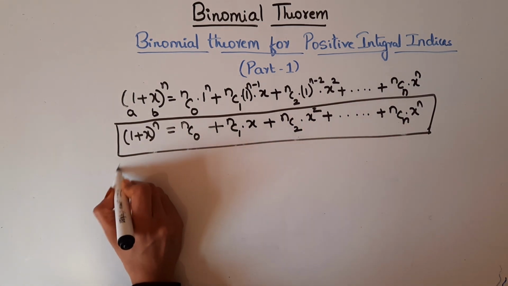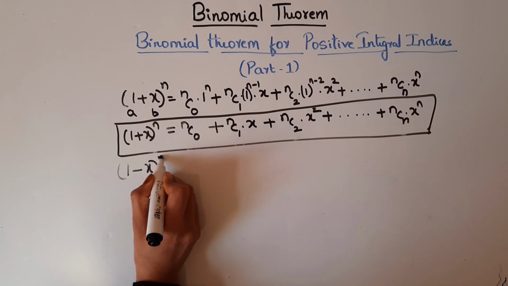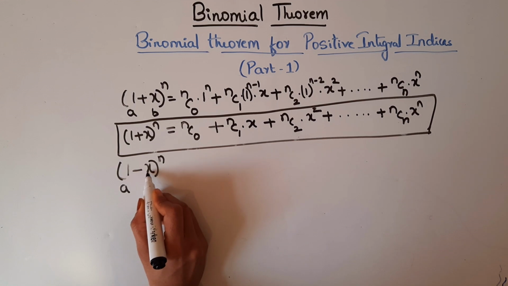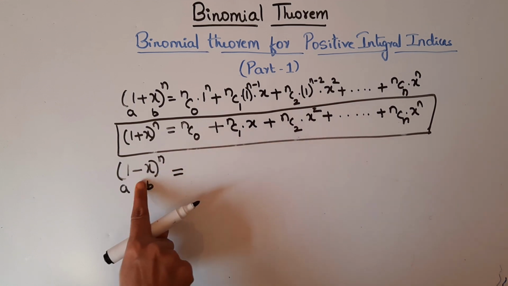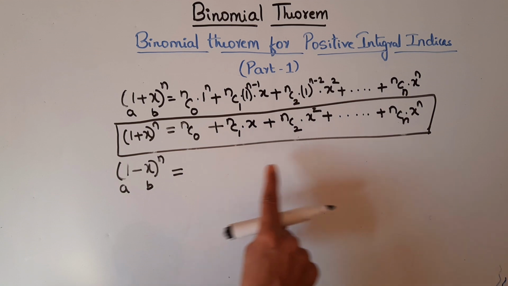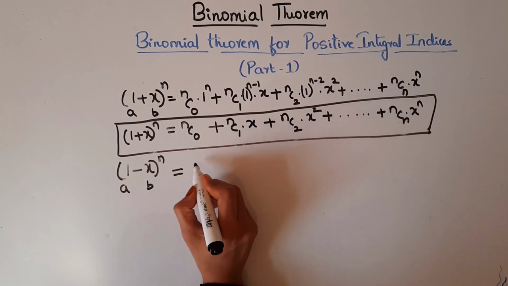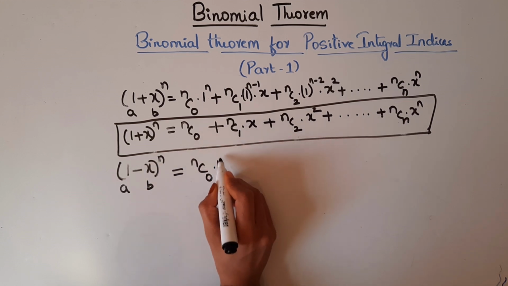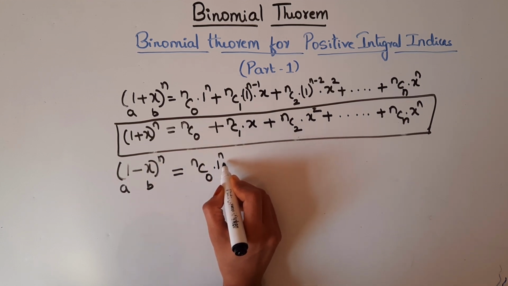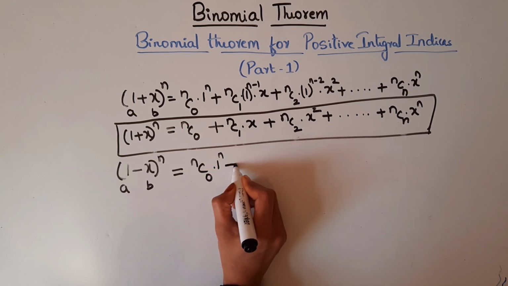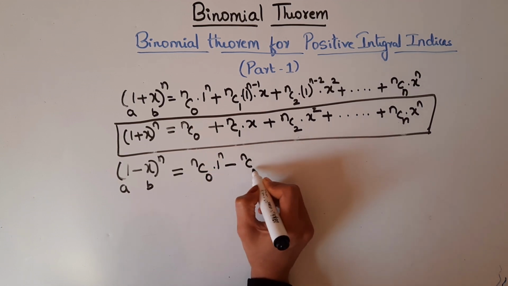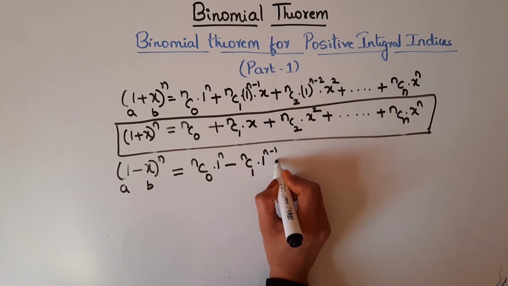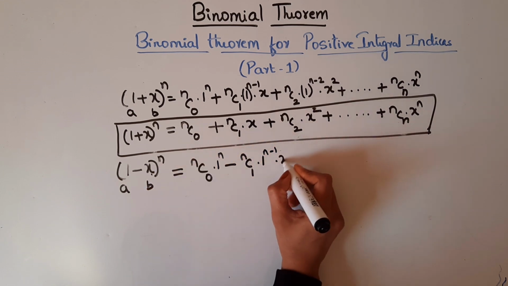So now let's see what is (1 minus x) power n. So here a is 1 and b is x. So we know when it is minus, we have alternate plus and minus, correct? So we have NC0 into 1 to the power n, plus next minus, we have NC1 into 1 power n minus 1 into b here is x, so x power 1.